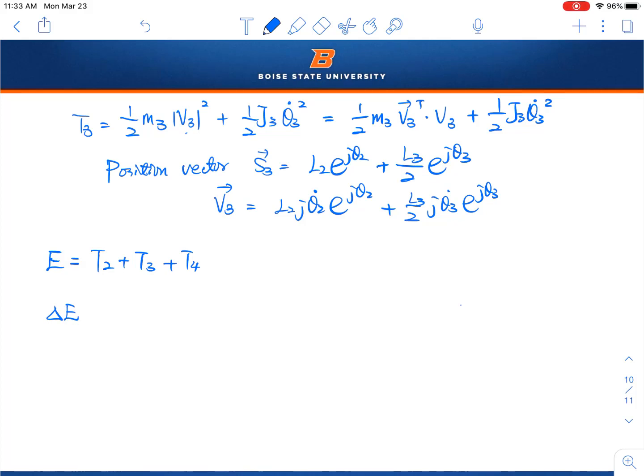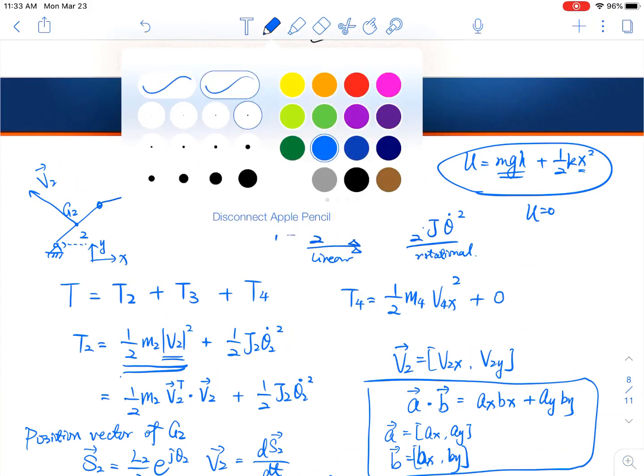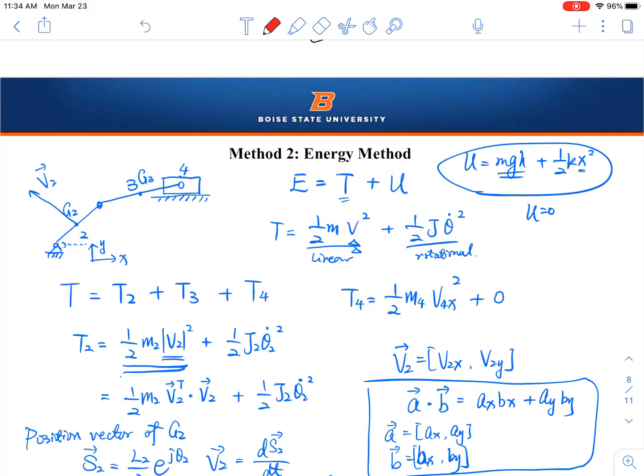And then the variation of your E is actually equal to the work W, and W is work done by external forces or torques. Okay, so what are external forces and torques? We need to go back to the force diagram. So what are the forces we have? We have the supporting force, that's F14y.